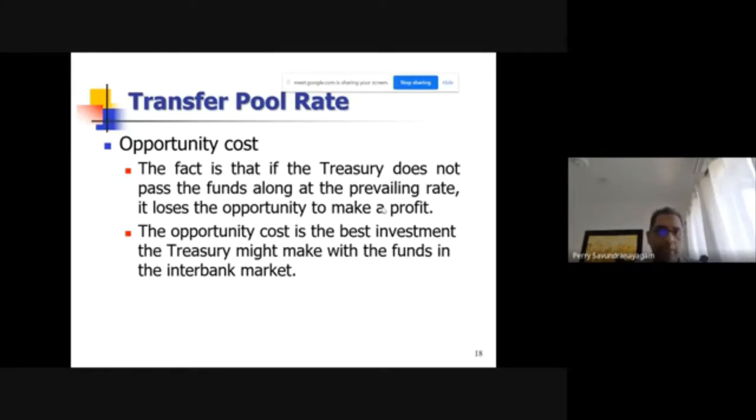So, for example, if it borrows at 10% and Treasury can't deploy the funds to corporate bank in lending, or nobody in corporate bank is lending to their clients, and then Treasury also can't find the investment in the interbank market, there's opportunity cost that we might have to end up lending that 10% deposit from Treasury perspective at 5% at central bank. So it loses 5% in the process.